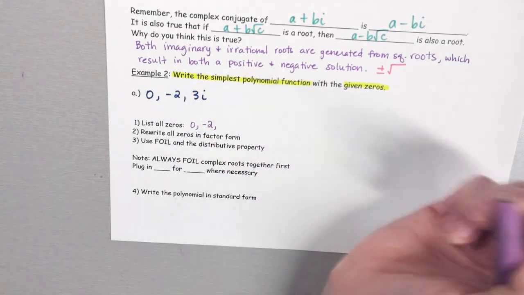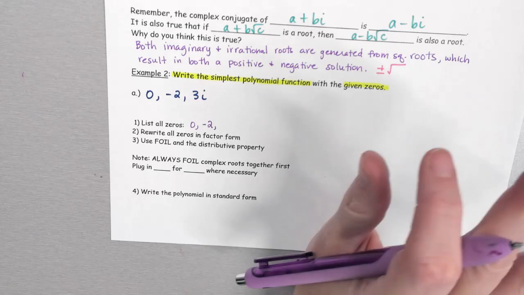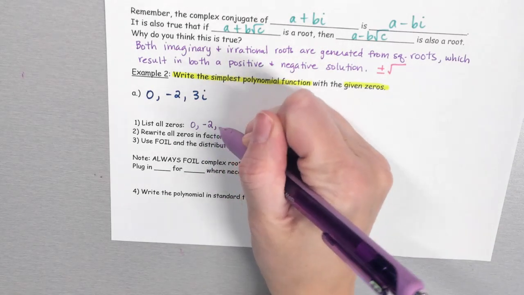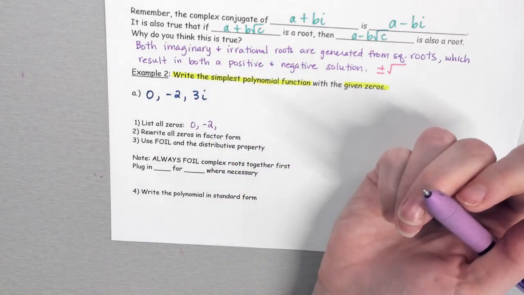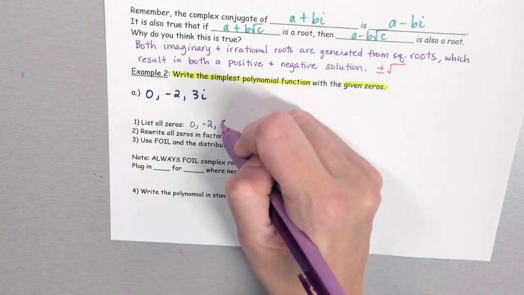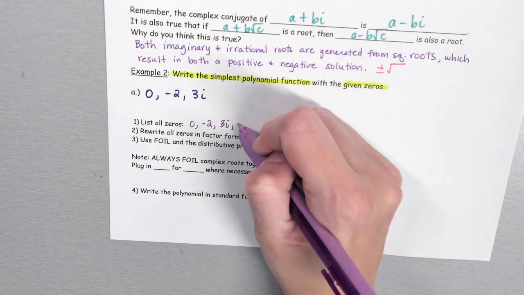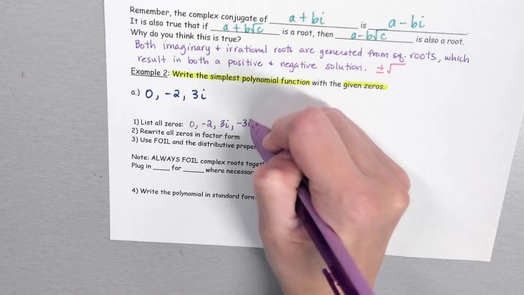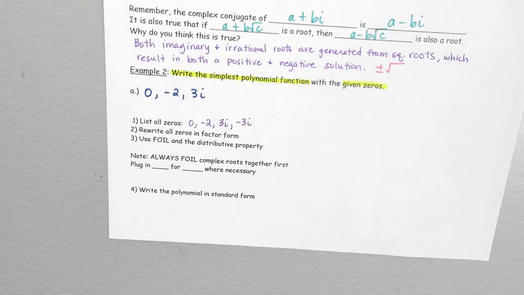Okay, -2, not imaginary, not irrational. So just because -2 is a root doesn't mean 2 has to be a root. Okay, but if you have 3i, what else has to be a root? -3i. So if it's imaginary, you've got to put its pair in there. So you need to put that away and focus on this.